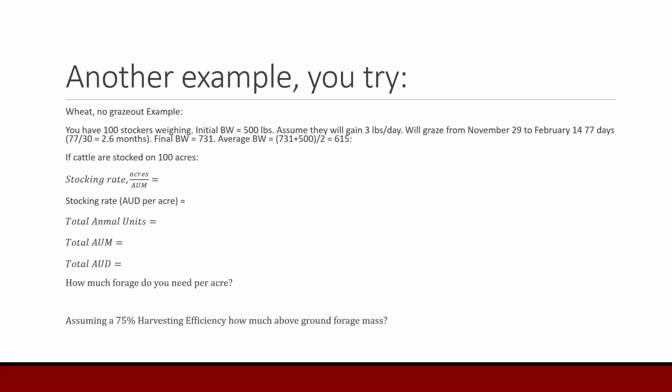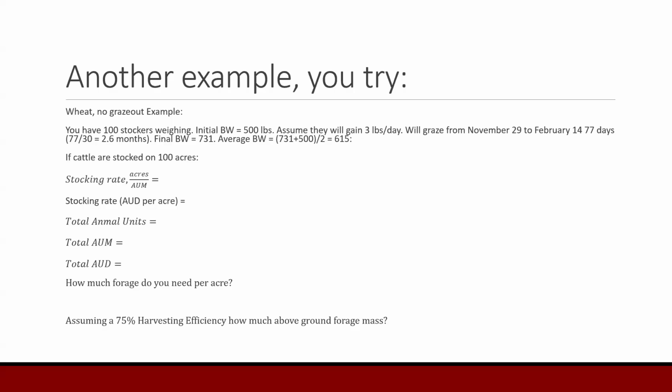Okay, so our total animal unit months is 2.6 times 100 times 0.615. So 61.5 times 2.6 is about 159.